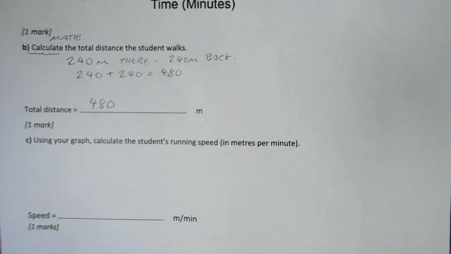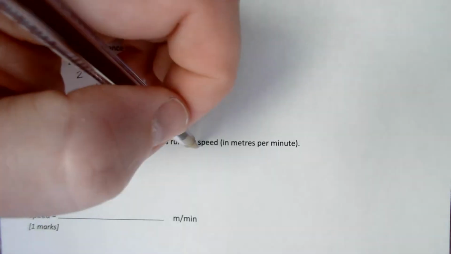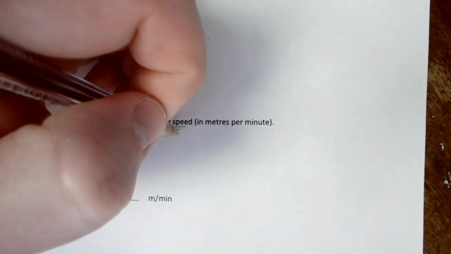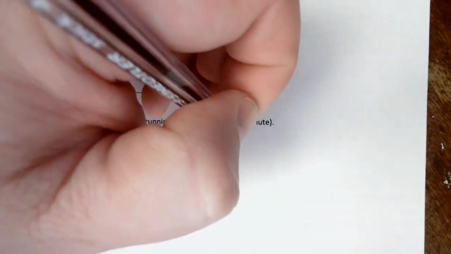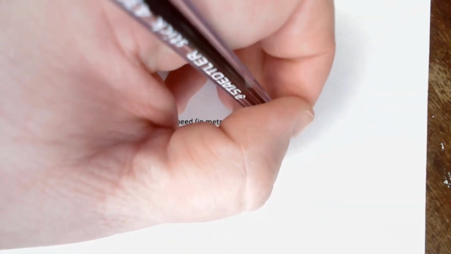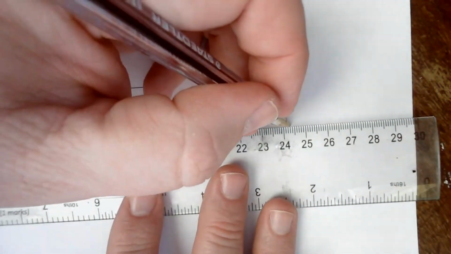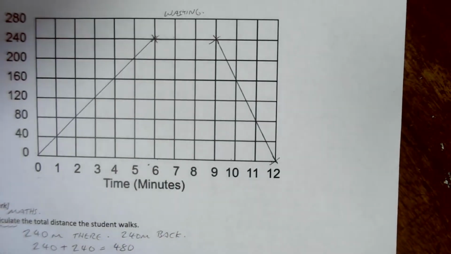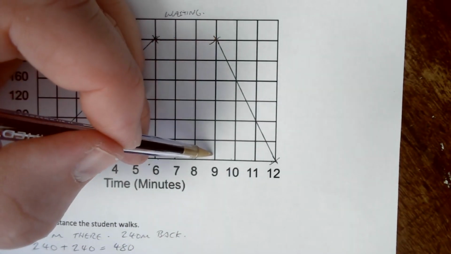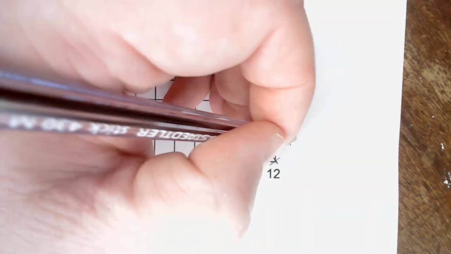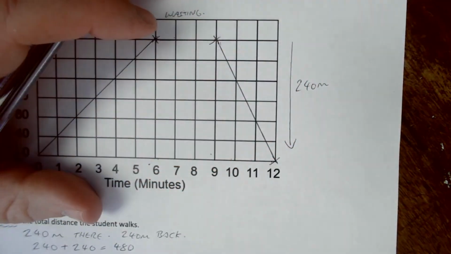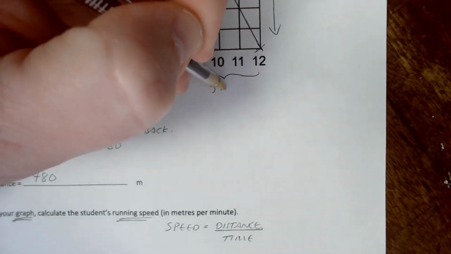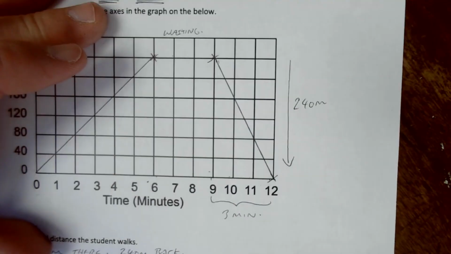Using your graph, calculate the student's running speed in metres per minute. Speed is distance divided by time. So let's see if we can find these values. What's the distance? From there to there, 240 metres, isn't it? 240 metres, and it took 3 minutes.